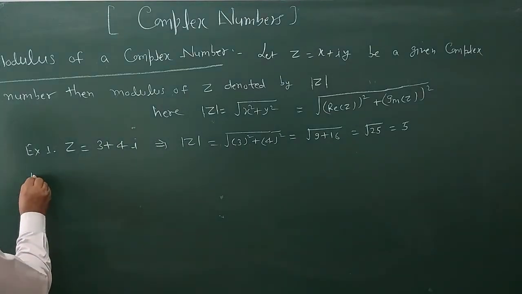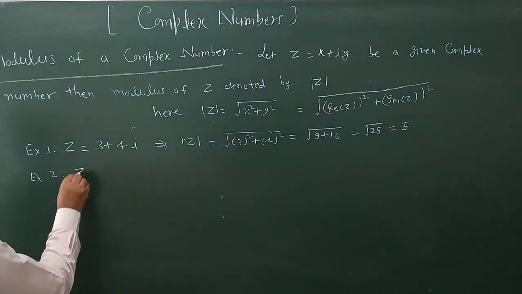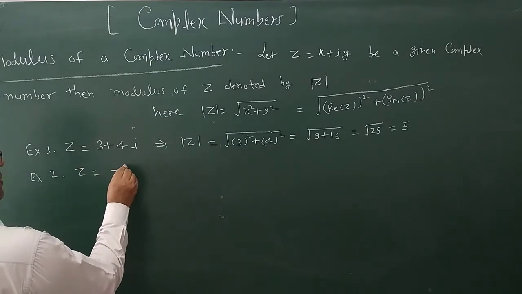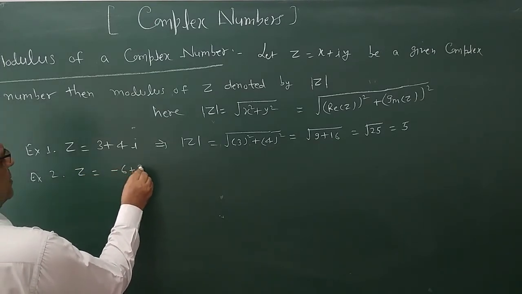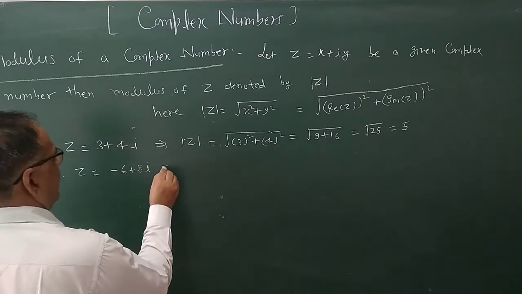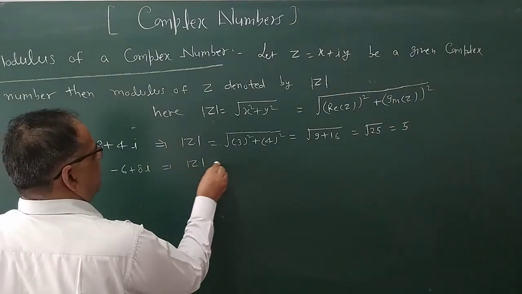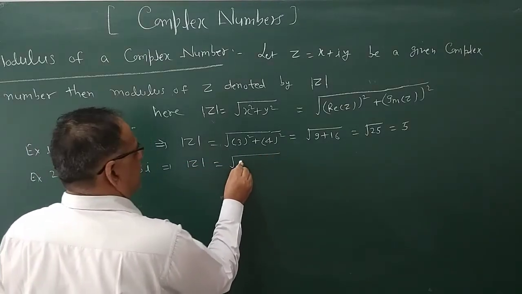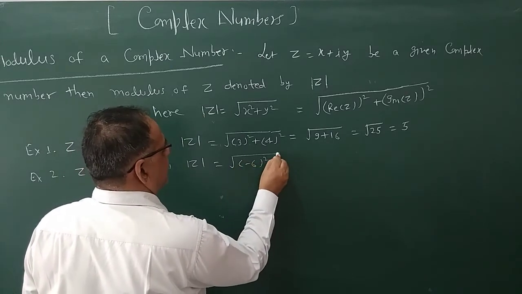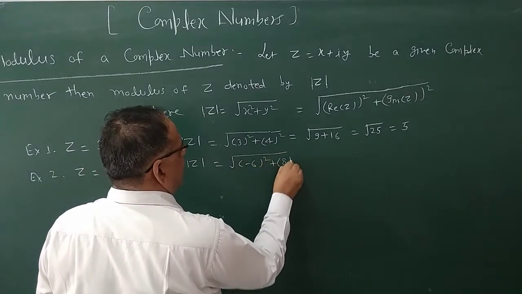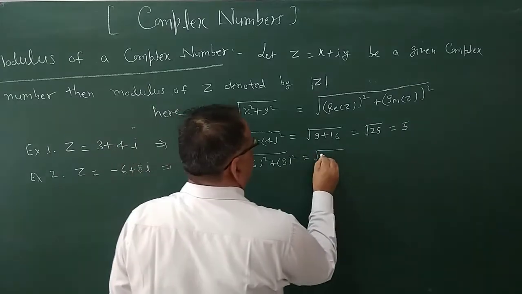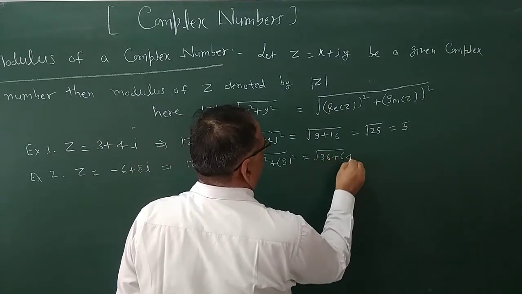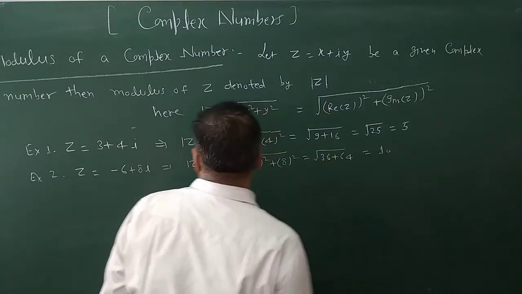Now I am taking another example. Z equal to minus 6 plus 8 iota. That means magnitude of z equal to square root of minus 6 square plus 8 square, that means 36 plus 64, this is 10.